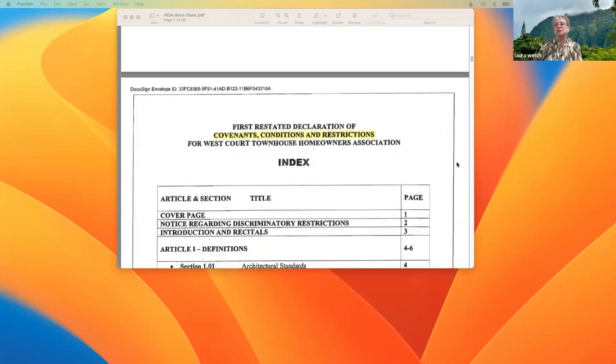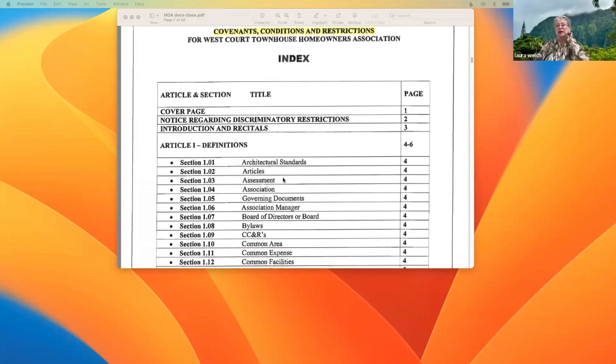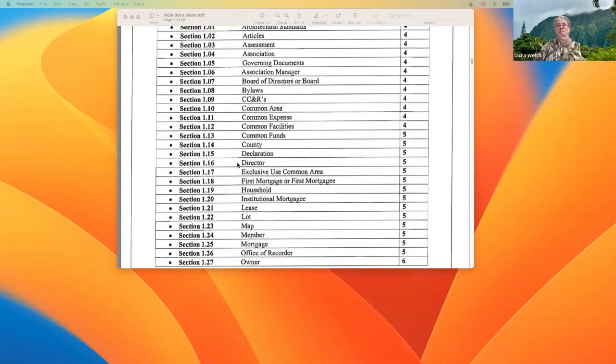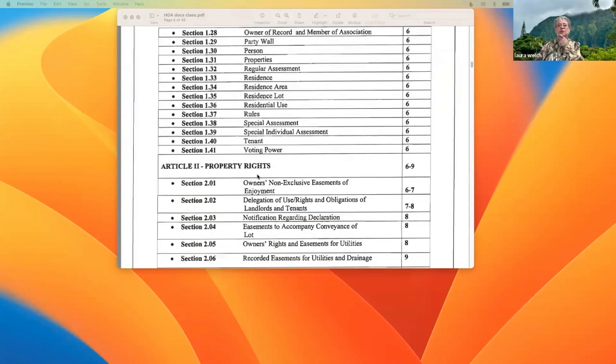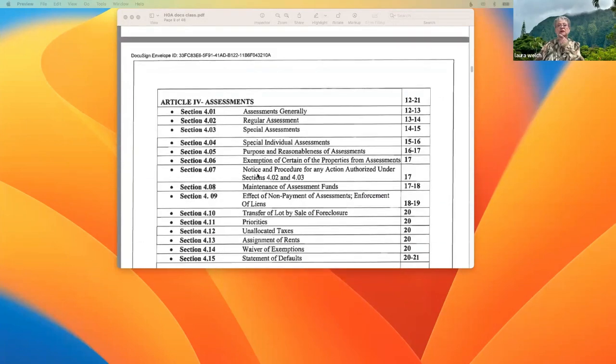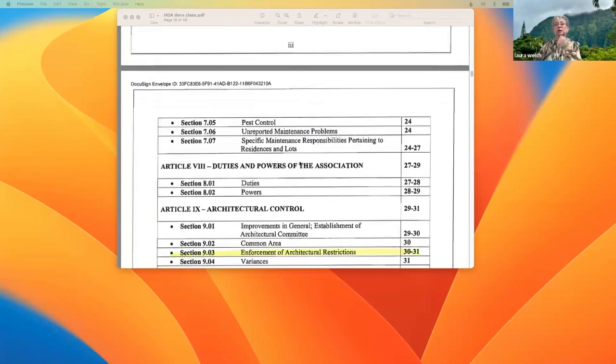And this is just an example of what the covenants, conditions, and restrictions look like. I go through this when I'm looking for certain things. Like, I think I highlighted general association maintenance and repair. Who's responsible for what, to fix what? So I want to look that up.